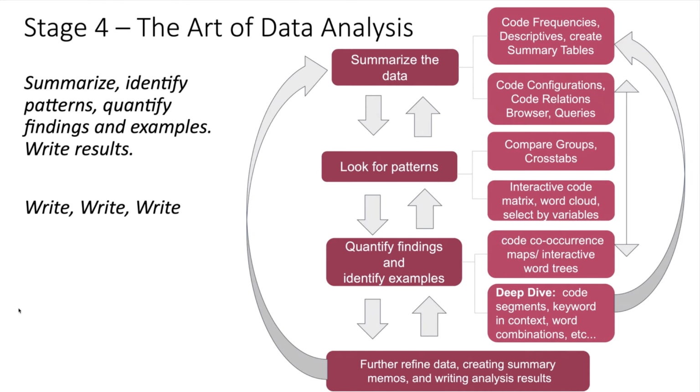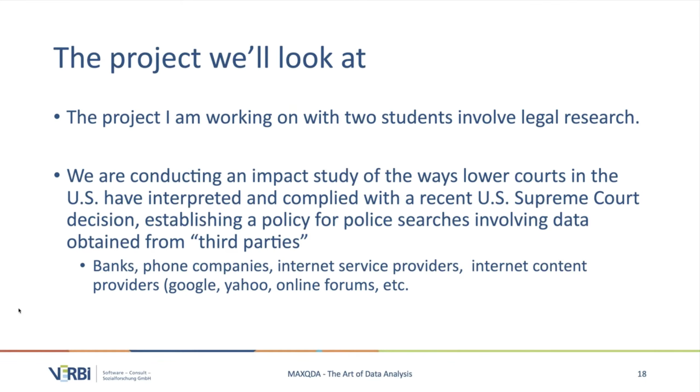So the project that we're going to look at today is one that I've been working on with a student or two students really for the whole year. It's a study that comes out of American law. We are looking at the way courts in the United States interpret and comply with our high court, our Supreme Court, in terms of policy decisions.